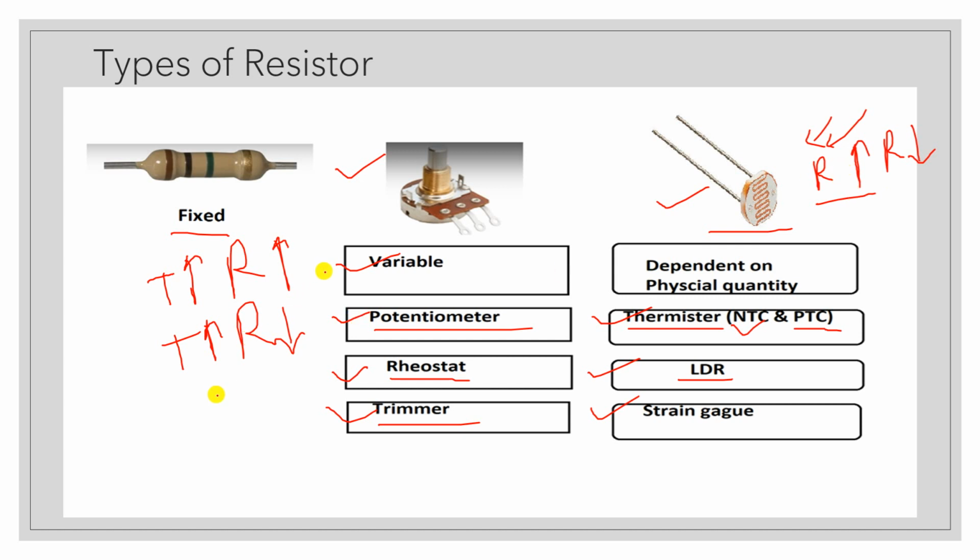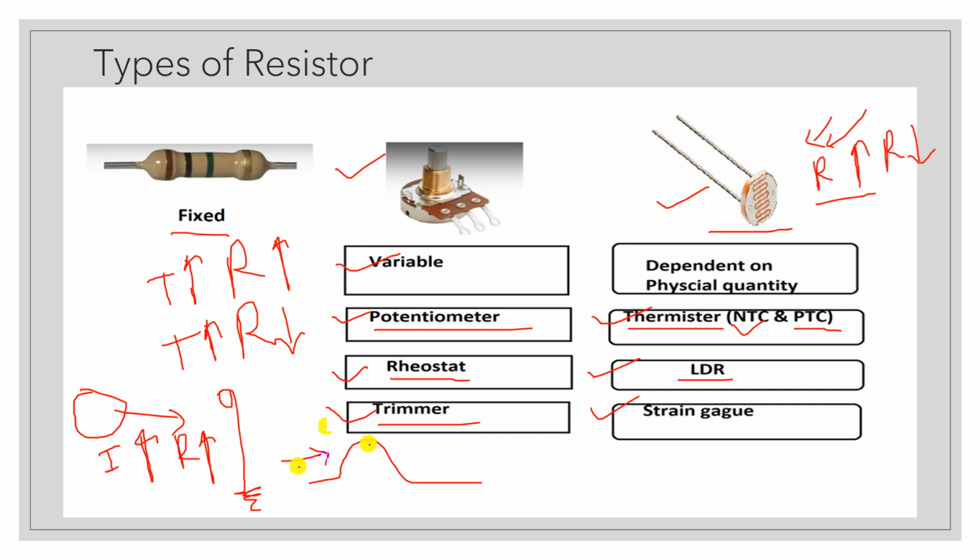For example, if the street light is present here, when the sun is present, that means the light intensity increases, then the resistance also increases. That means the current is not flowing there. Sorry, the resistance is not stuck, the current gets stuck.